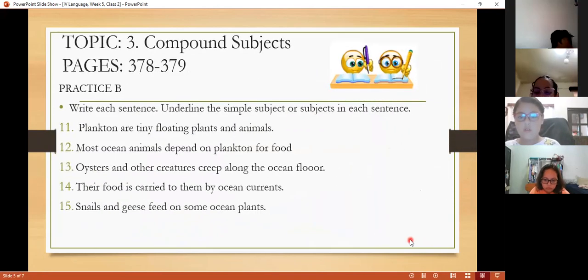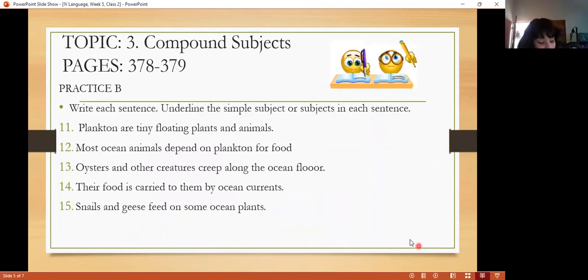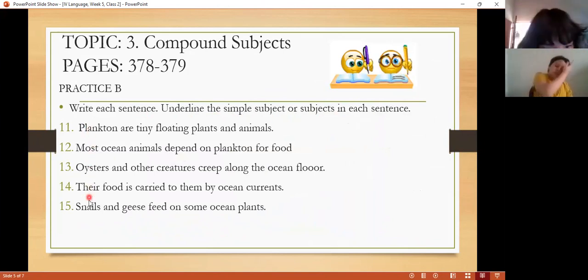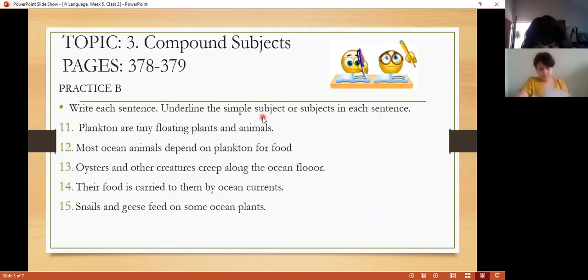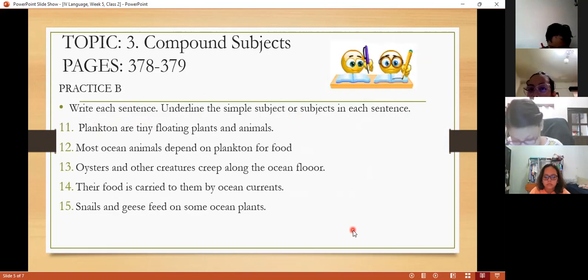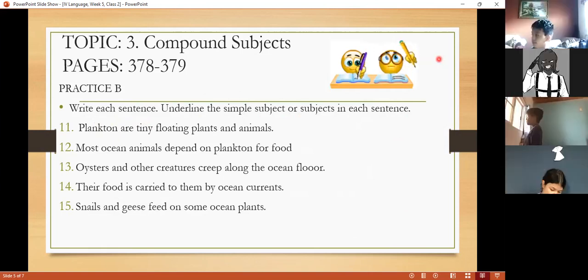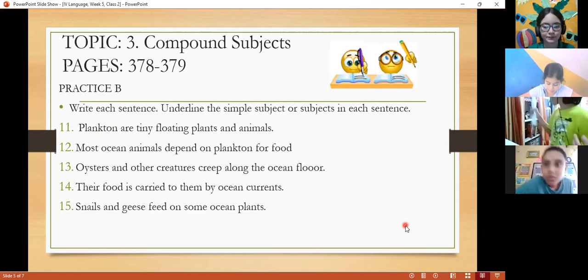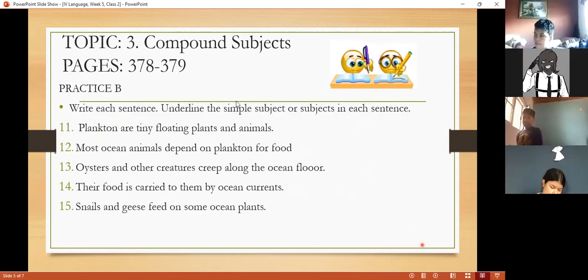Now, in your notebook, you are going to copy this practice B. Write each sentence and underline the simple subject or subjects in each sentence, class. Copy these sentences and underline the simple subject or subjects in each sentence. So it means the compound subjects or the simple subject that you find. So everybody copying this in your notebook.